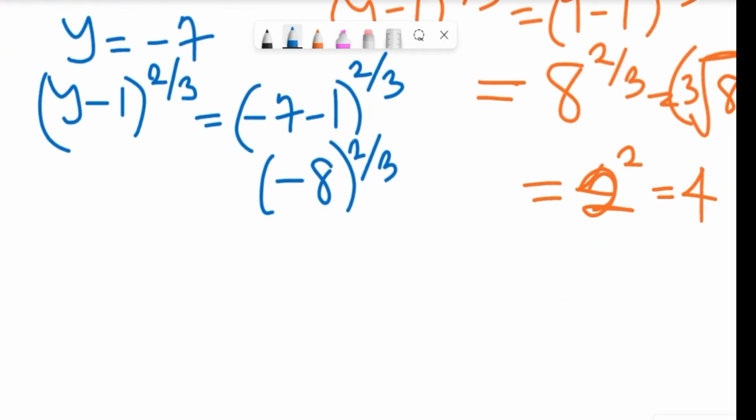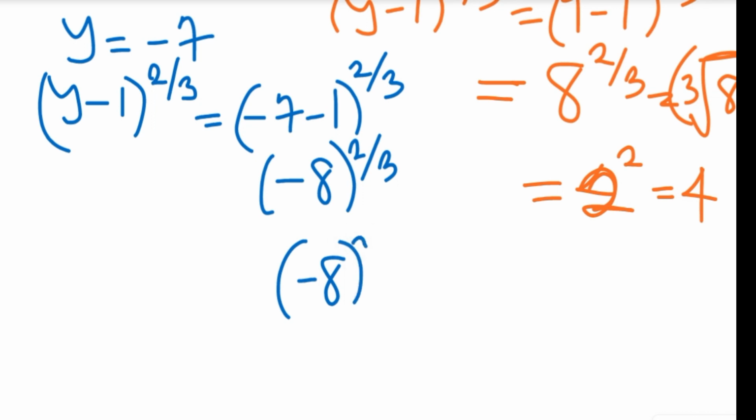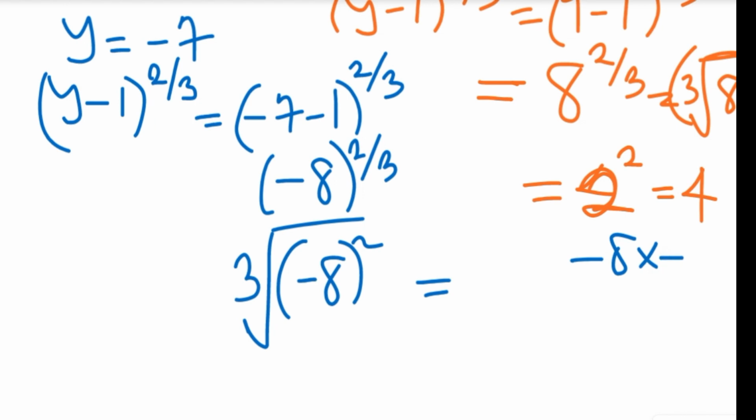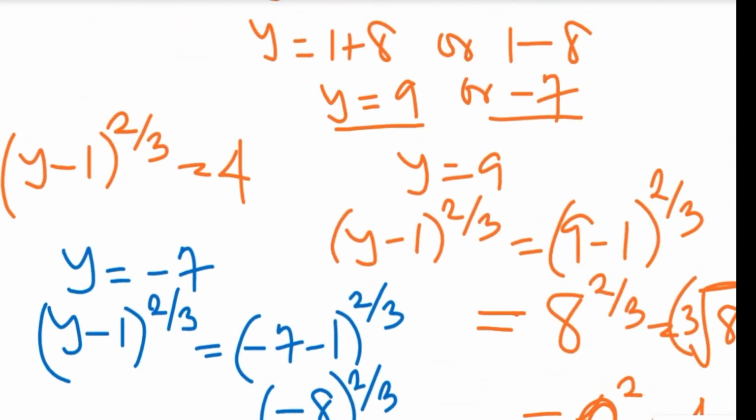That finally will give us the result, minus 8 squared, all to the cube root. Minus 8 squared will give us 64, because minus 8 times minus 8 gives positive 64. So the cube root of 64 is going to give us 4. So you see that the two results are correct for that expression.